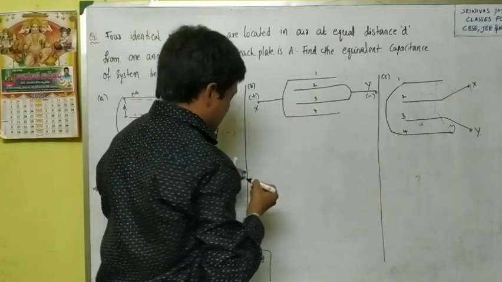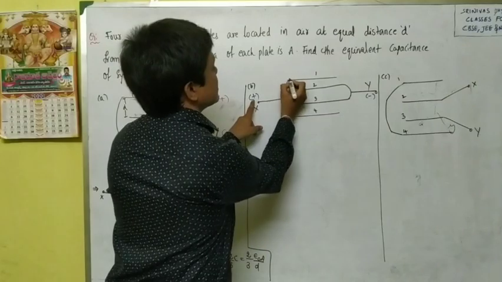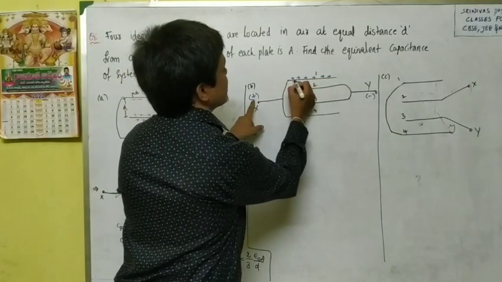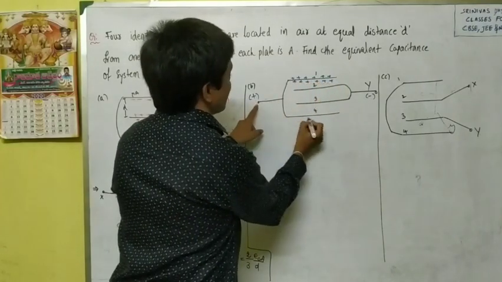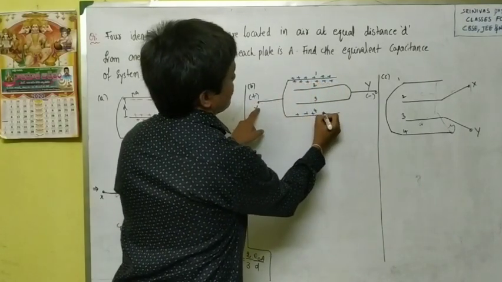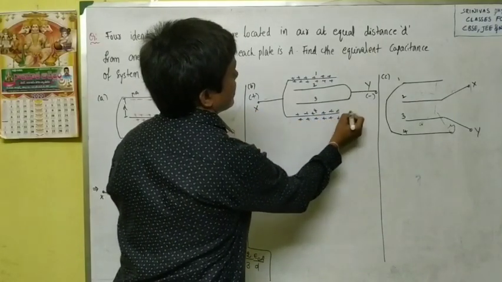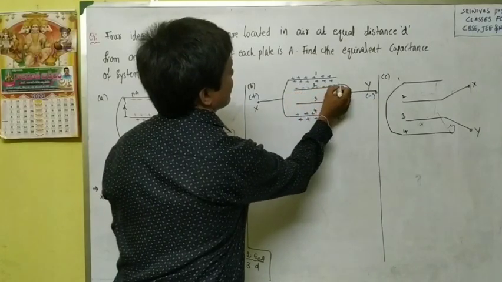First we have to give the charges, right? This X is plus, so this will become completely plus because we are giving plus, right? Okay, good. And this also plus. And this is minus. Minus means this will become minus.